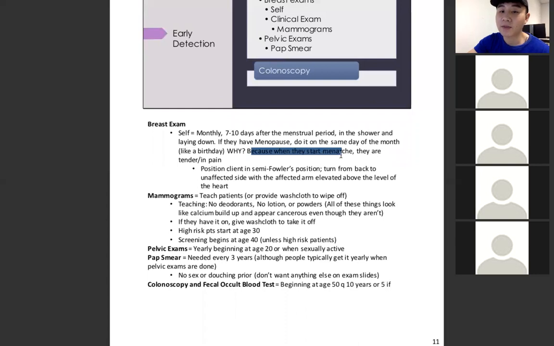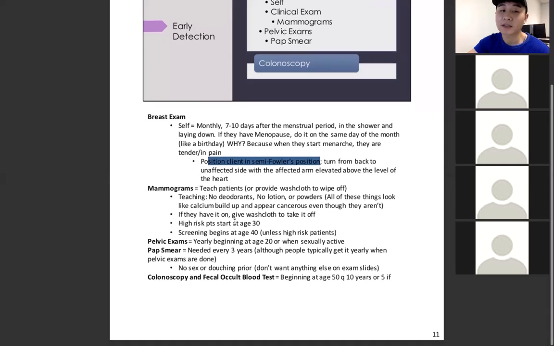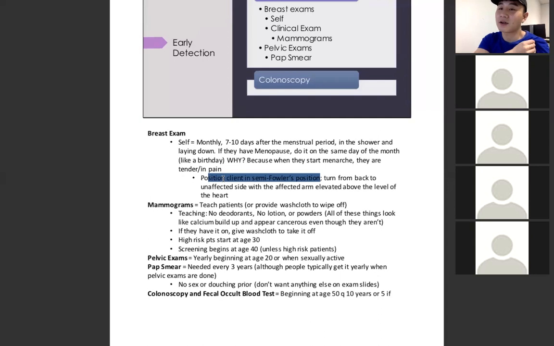Because when they start menstruating, they are tender and in pain. Position the client in a semi-Fowler position, turn from back to the affected side with the affected arm elevated above the level of the heart. That's how doctors usually do the examination, I guess.